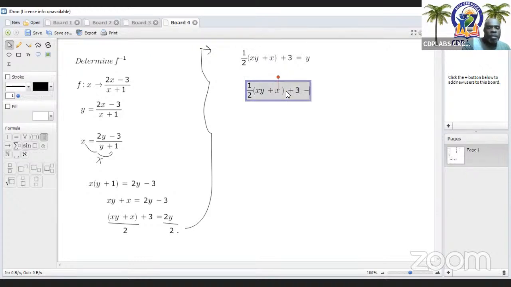Okay, I have minus y, and both sides equal to 0, right? Make sense?